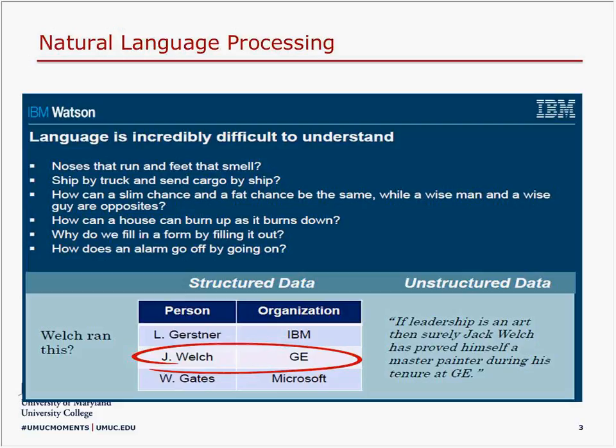So just a very quick overview. If you missed the point about Watson Analytic, I want to point out why we are talking about natural language processing and Watson Analytic in this class.